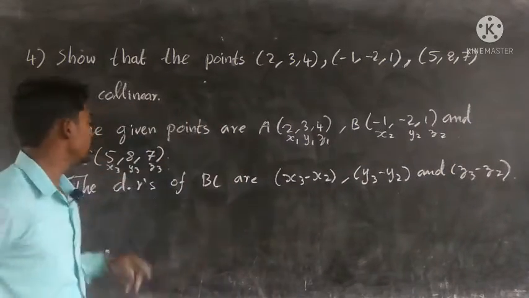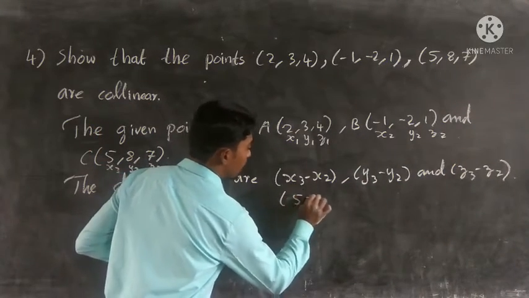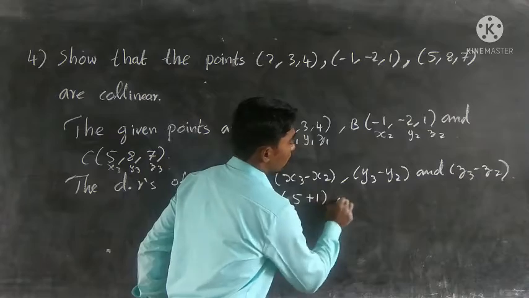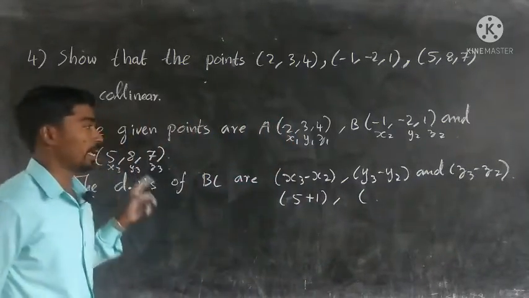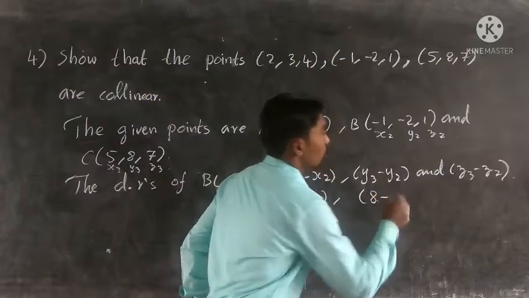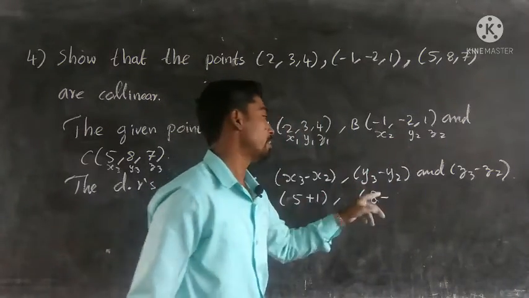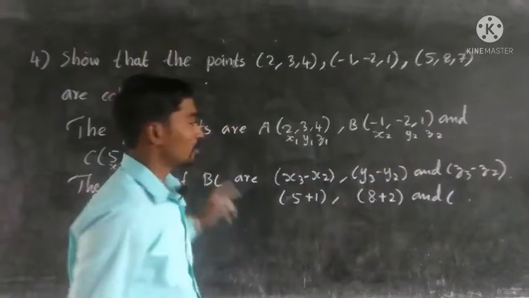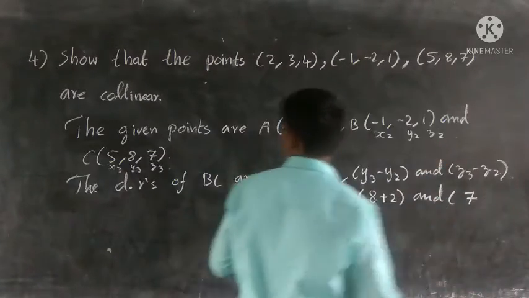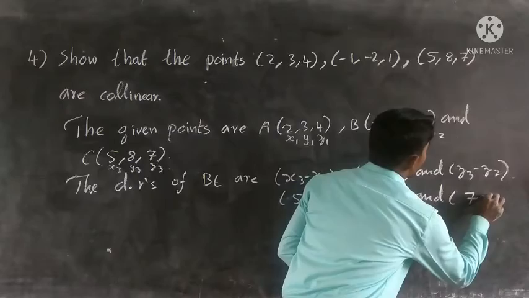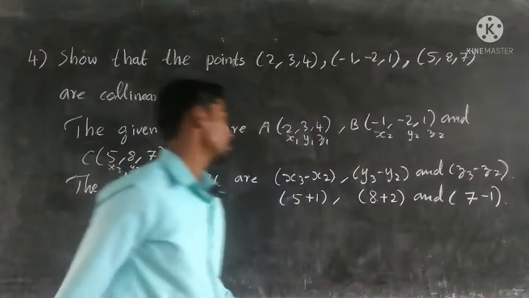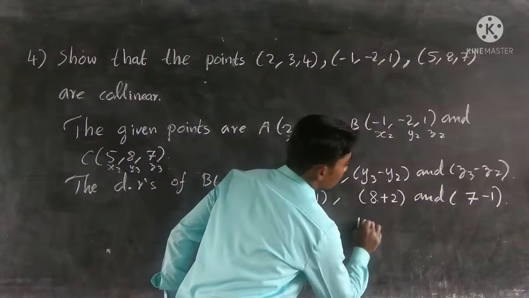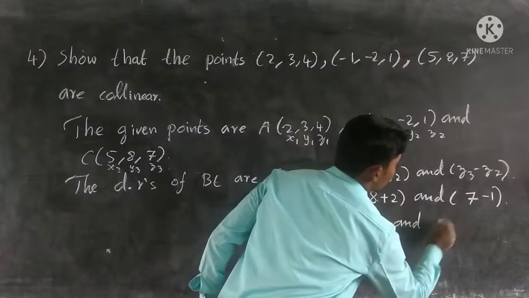Now substitute the values. x3 is 5 minus x2 is minus 1, so minus minus is plus, 1, which gives 6. y3 is 8 minus y2 is minus 2, so minus minus is plus 2, which gives 10. z3 is 7 minus z2 is 1, which gives 6. Simplify, we will get 6, 10 and 6.